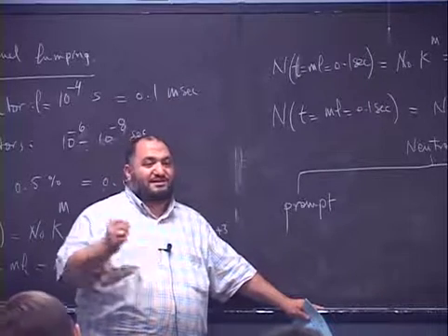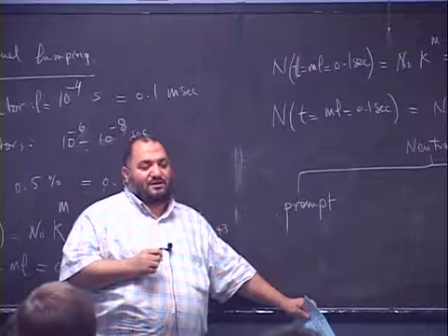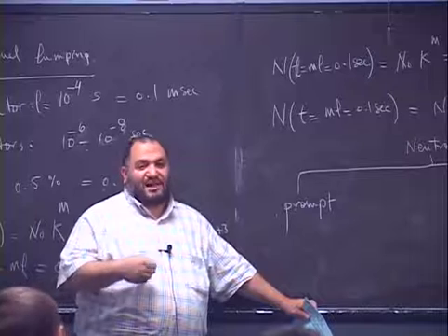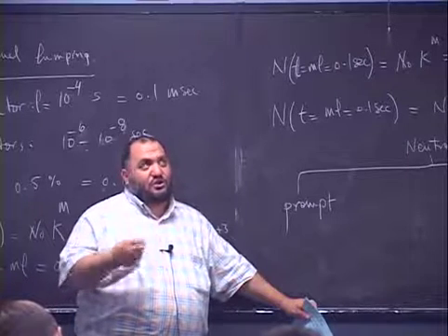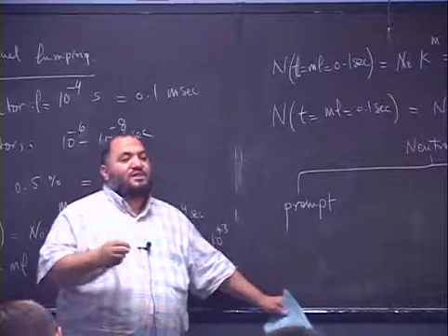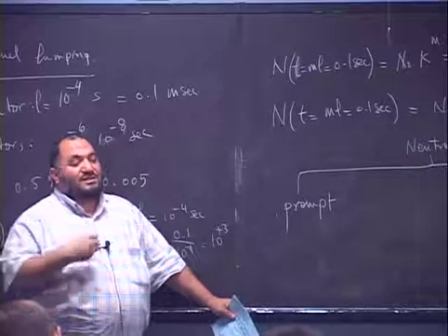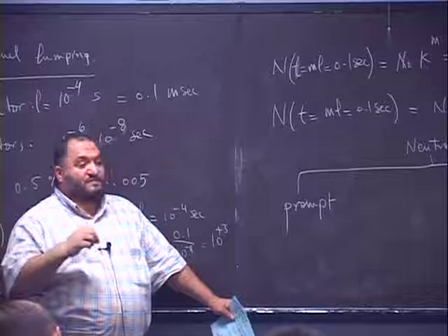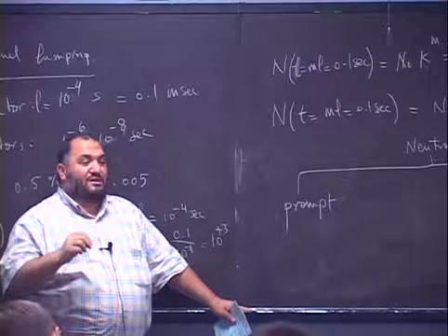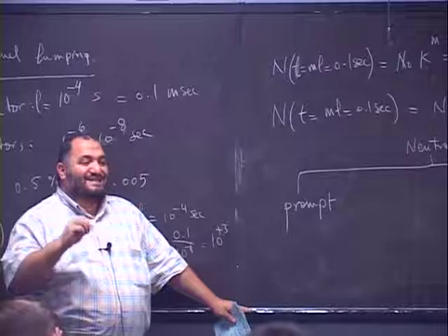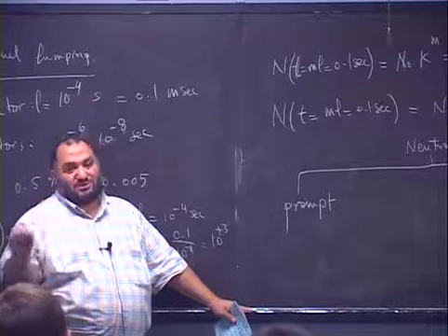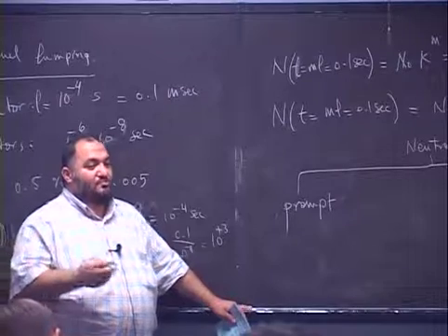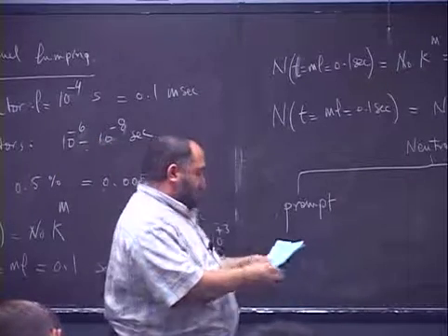They will have excess energy inside, then they will emit a neutron. Those radioactive nuclei are called delayed neutron precursors. They are precursors for the delayed neutrons.